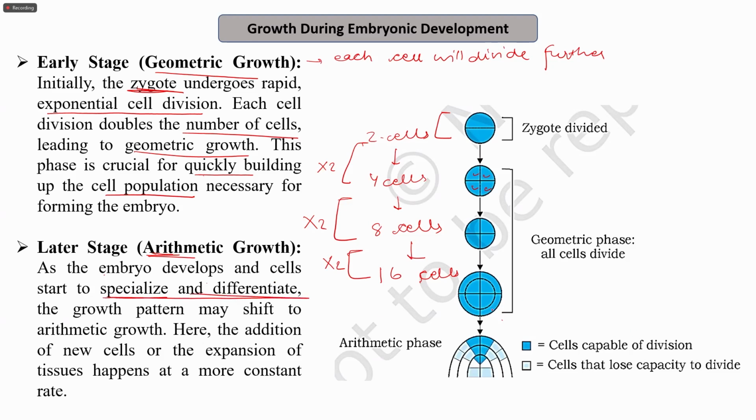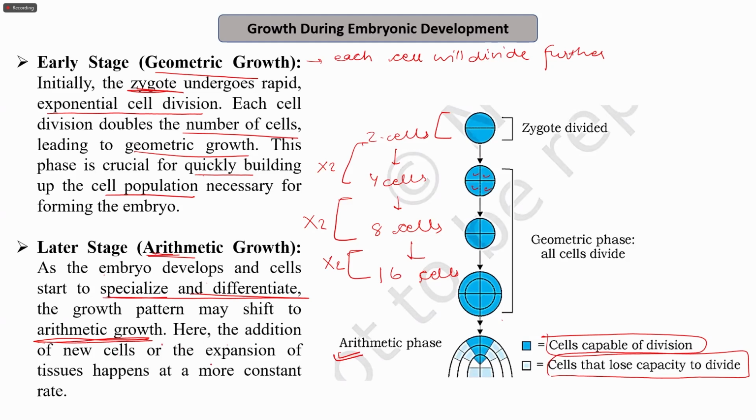Once the embryo has developed, certain cells lose their capacity to divide, and only certain cells are capable of division, leading to the arithmetic phase. The growth pattern shifts from geometric growth to arithmetic growth.